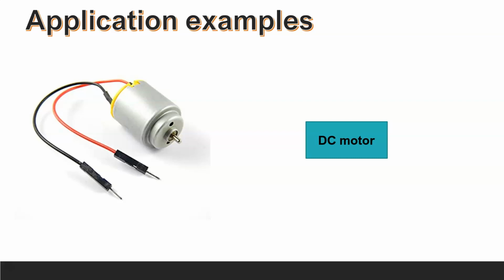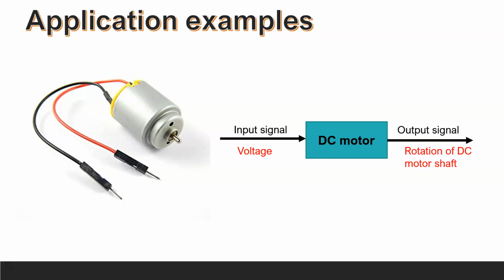However, if we connect the red and the black wire here to a voltage, an input signal, usually plus minus 12 volt for a DC motor, you will be able to get an output signal, which is the mechanical rotation of the DC motor shaft over here. So if we connect a wheel, for example a robot wheel, at the shaft, once you supply a voltage, the wheel will rotate and will allow your robot to move forward and backward accordingly.